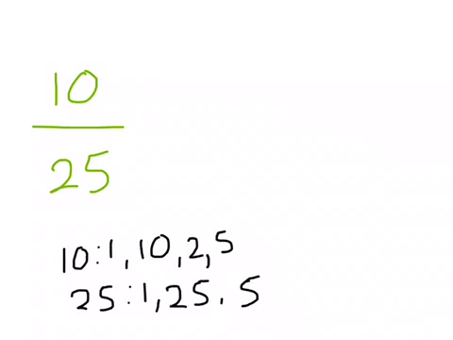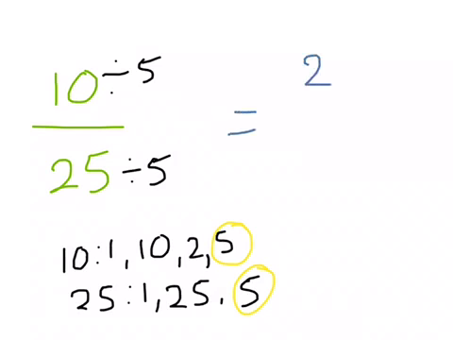Looking at that, my highest common factor is 5. So I need to divide the numerator by 5 and do exactly the same with the denominator. My final answer is going to be 10 divided by 5 is 2, 25 divided by 5 is 5. So that's simplifying proper fractions.